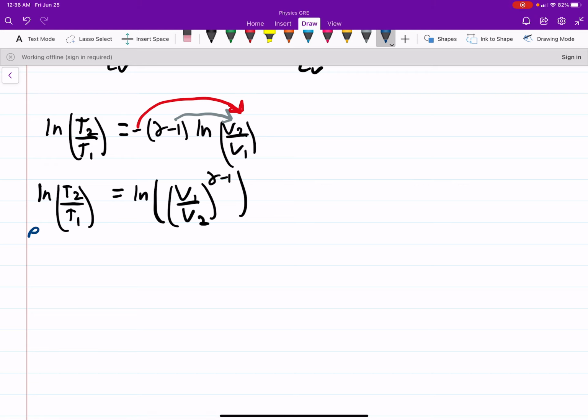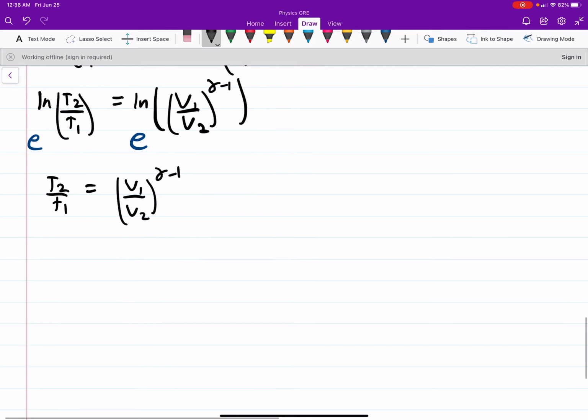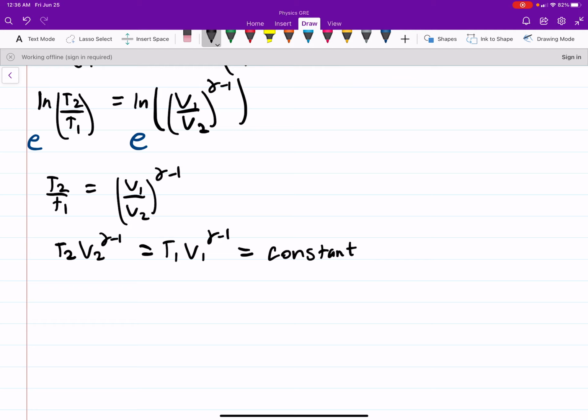And now I can raise everything to the base e to get T2 over T1 equals V1 over V2 to the gamma minus 1. Or T2 V2 to the gamma minus 1, if I just cross multiply here, equals T1 V1 to the gamma minus 1. And notice that this is just a constant. Okay. And since there's a constant there, we're just going to worry about the proportionality.